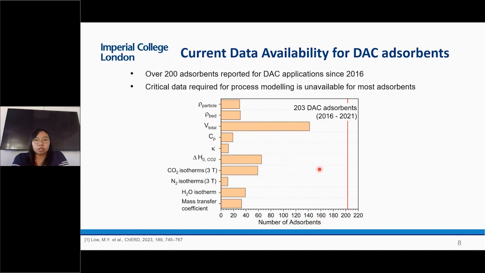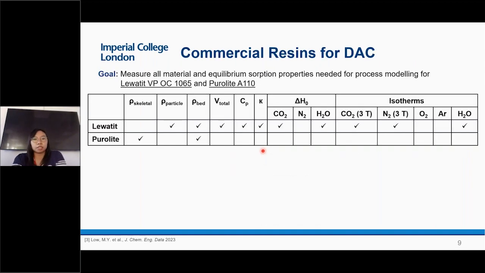What you can see is that there's a lot of missing information. If you want to find an adsorbent that has all of these properties available, to the best of my knowledge, there are only 2 adsorbents so far that have all of these reported. So it's a big gap in the literature and a hurdle to trying to scale up and do process modeling for these materials.